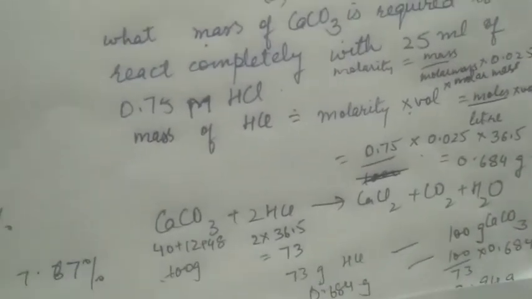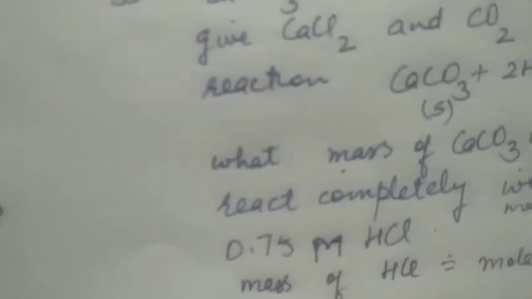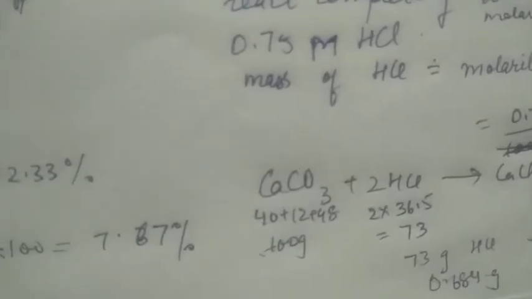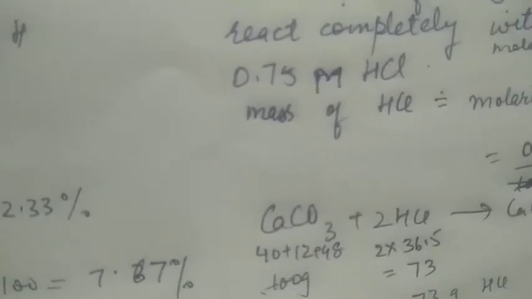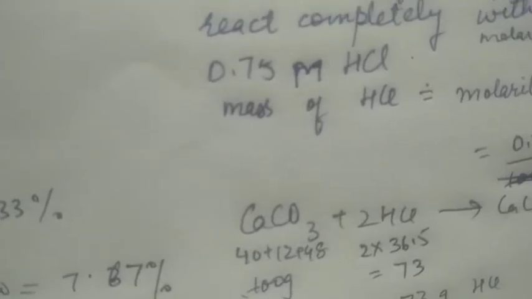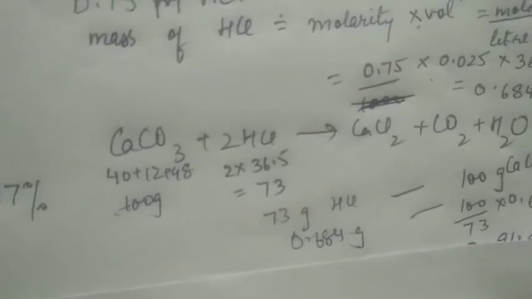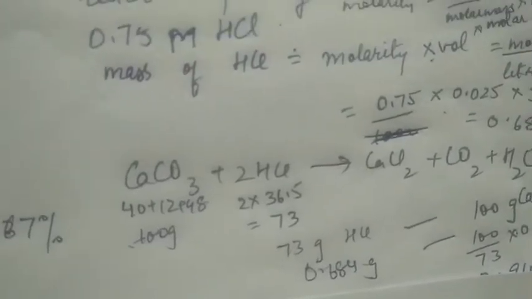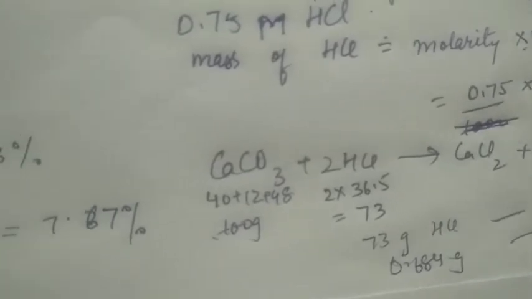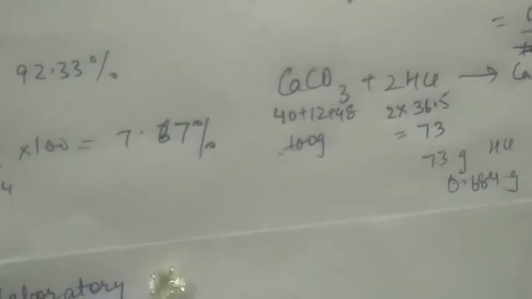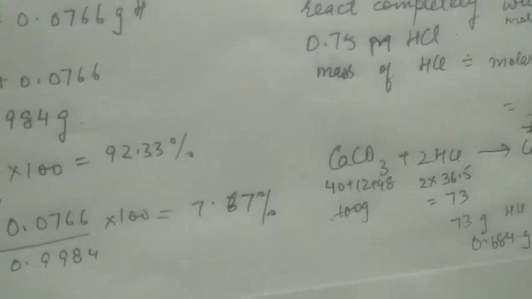So for molarity, the formula is mass upon molar mass into volume. Then mass of HCl will be molarity into volume into molar mass, that is 0.75 into 0.025 into 36.5 is equal to 0.684 grams. So the mass of HCl we have calculated.